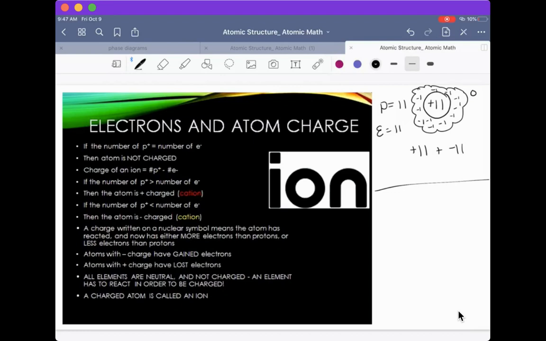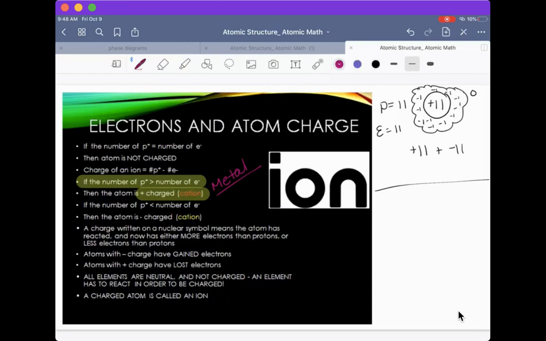So what happens if these numbers are not equal? What happens if we have more protons or more electrons? Well, we get this type of relationship. If the number of protons is greater than the number of electrons, you're going to have a positively charged atom. We call positively charged atoms cations. These are most commonly found in metals on the periodic table.